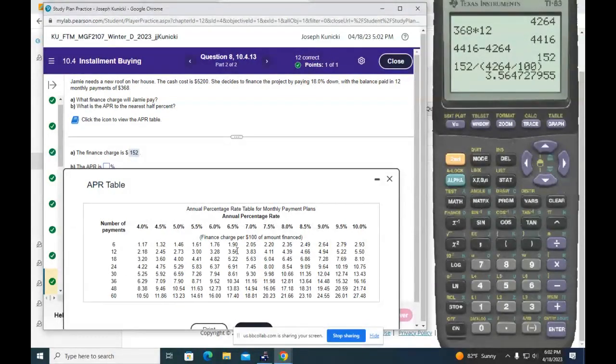That's why the 100 is upstairs. See, that 100 came up. There's the difference times 100 divided by that. It's just, instead of having a complex fraction, so instead of having t over 100 in the denominator, the 100 came up to the numerator. Anyway, 3.56 means the annual rate 6.5%.